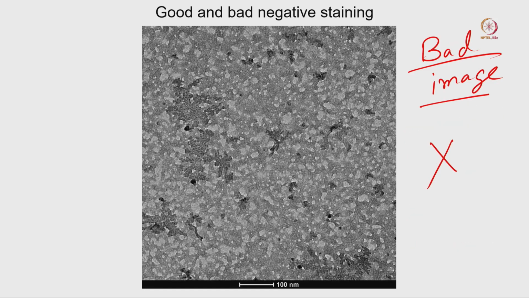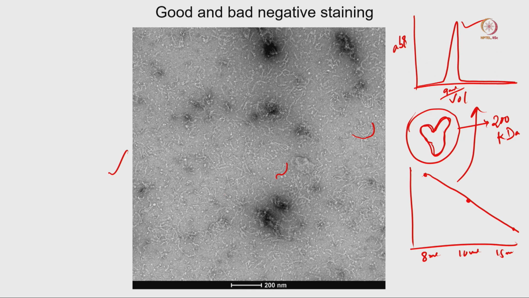In the previous one, as I mentioned, there is a lot of heterogeneity. There are some protein-like things, but in the rest there is a lot of background. This background probably means the stain is not proper. Here staining is comparatively much better, which is why you can see this helical pattern of the protein, but it is not properly folded.